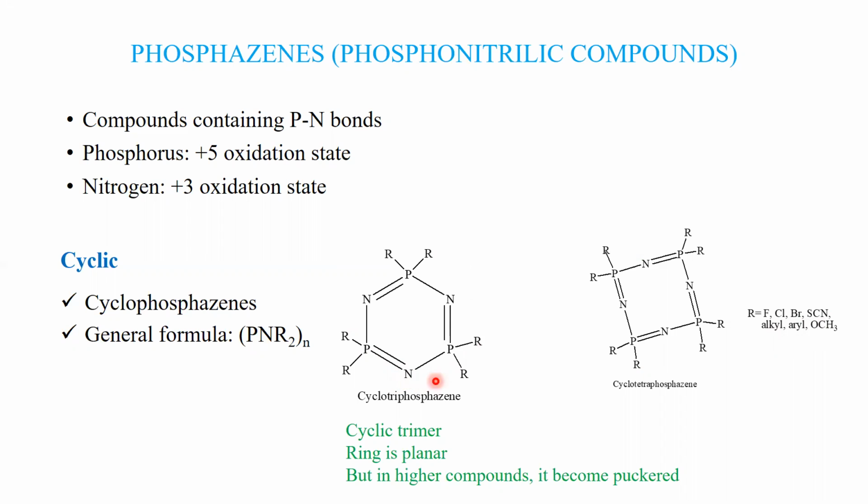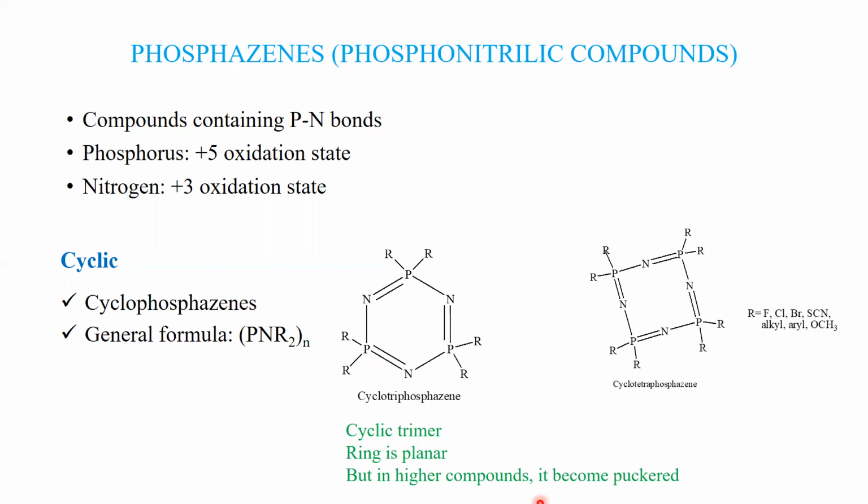It is an example of cyclotriphosphazene, a cyclic compound. It is a cyclic trimer because it contains 3 PN bonds or 3 PNR2 units. In this cyclic trimer, the ring is planar, just like benzene.